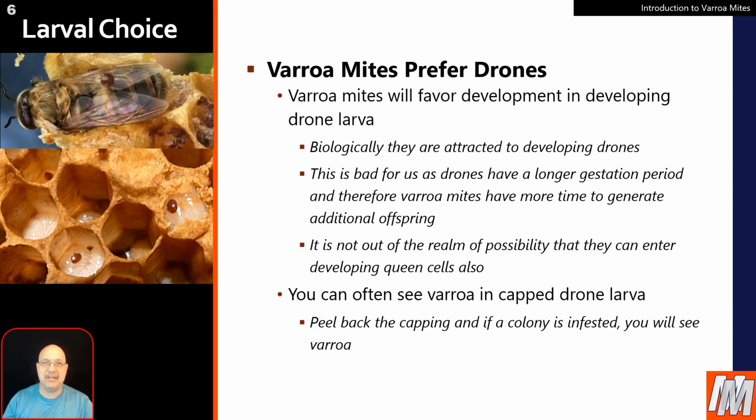Preference is probably not the right word for it, but in the beneficial aspect, it's more preferential for a Varroa mite to go into a drone cell because the gestation of the drone is longer, and that means that the Varroa mite benefits by having a longer cycle to generate offspring. That plays a role in the ratio of mites that can be produced during the time that they're in with the larva.